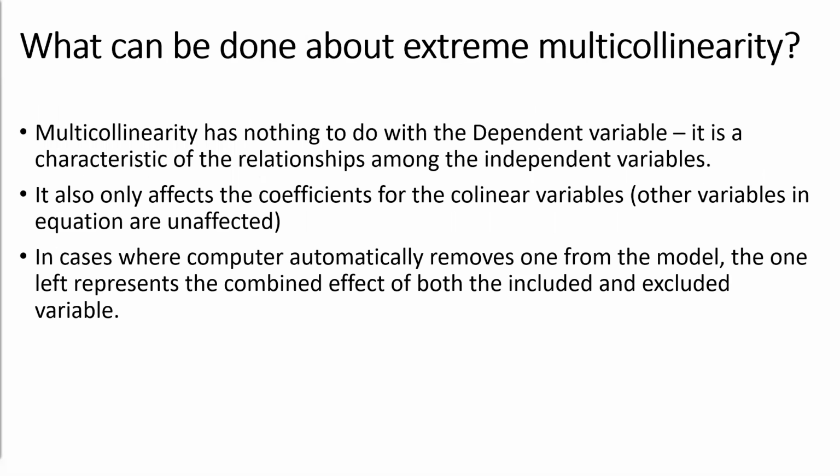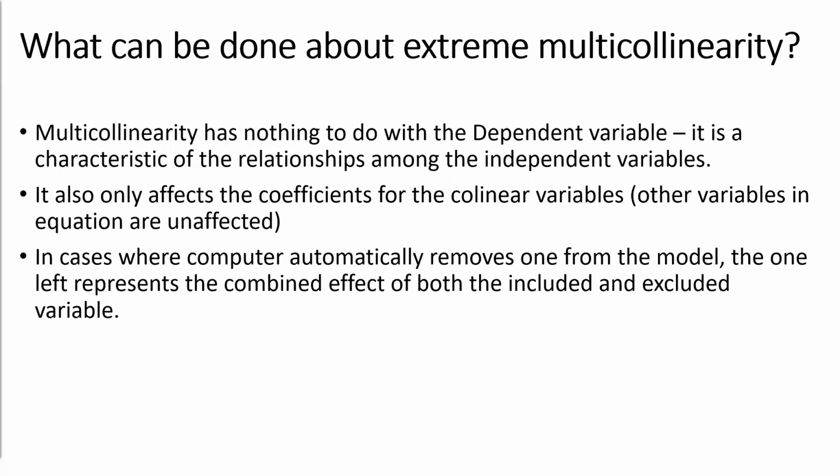What can be done about extreme multicollinearity? Well, multicollinearity has nothing to do with the dependent variable. So it's not about your y, it's not about your dependent variable. It's a characteristic of the relationships among your independent variables. So it's not affecting your dependent variable. It's only affecting the coefficient estimates for the variables that are collinear.